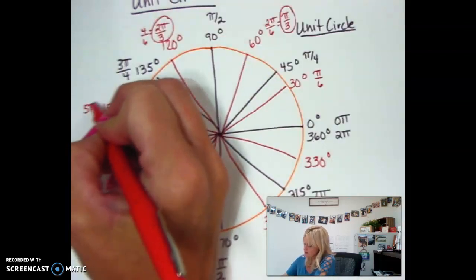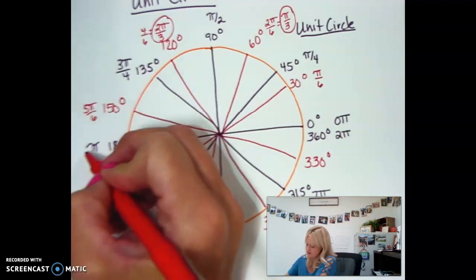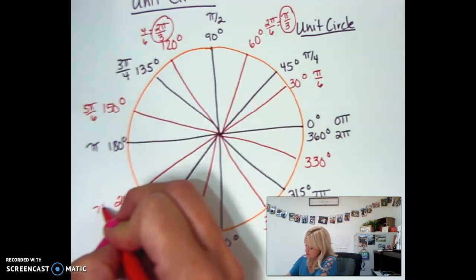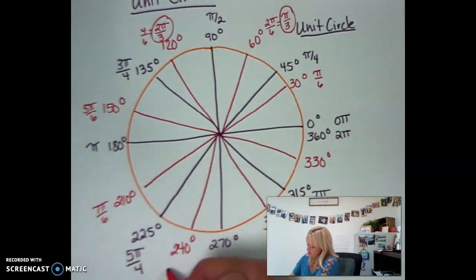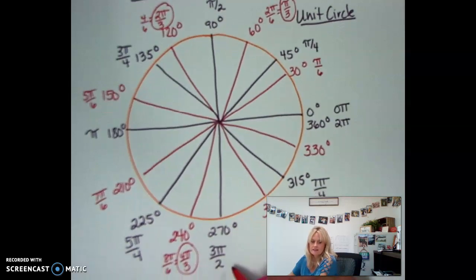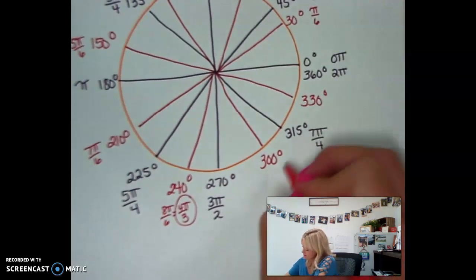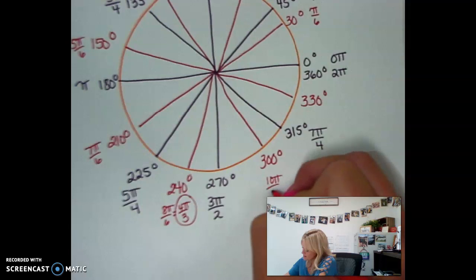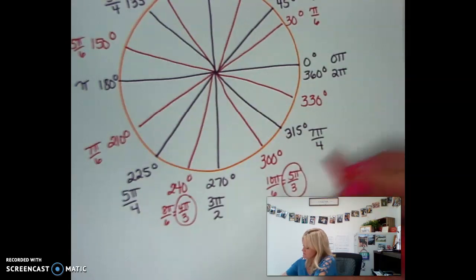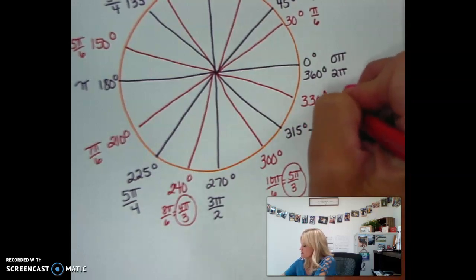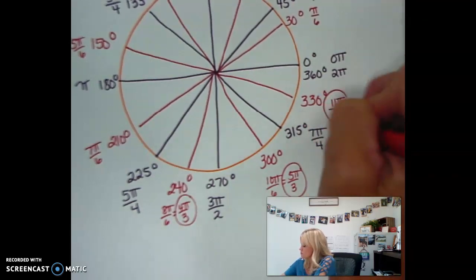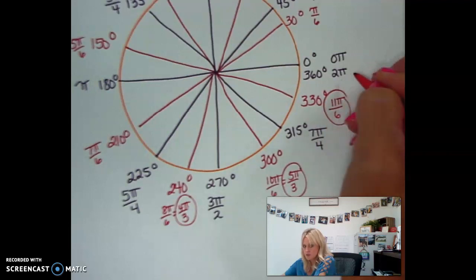5/6, 6/6, 7/6, 8/6, but 8/6 reduces to 4 pi over 3. 9/6, which is the same as 3 pi over 2. 10/6, but that is the same as 5 pi over 3. 11/6, and 12/6, which is the same as 2 pi.